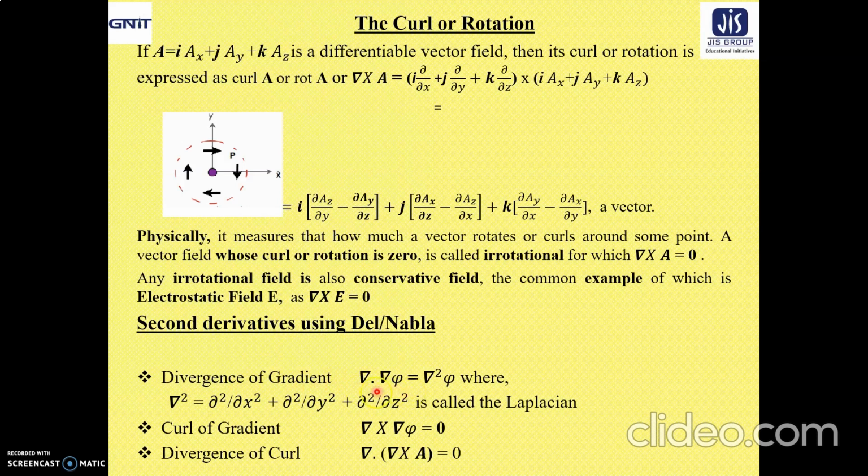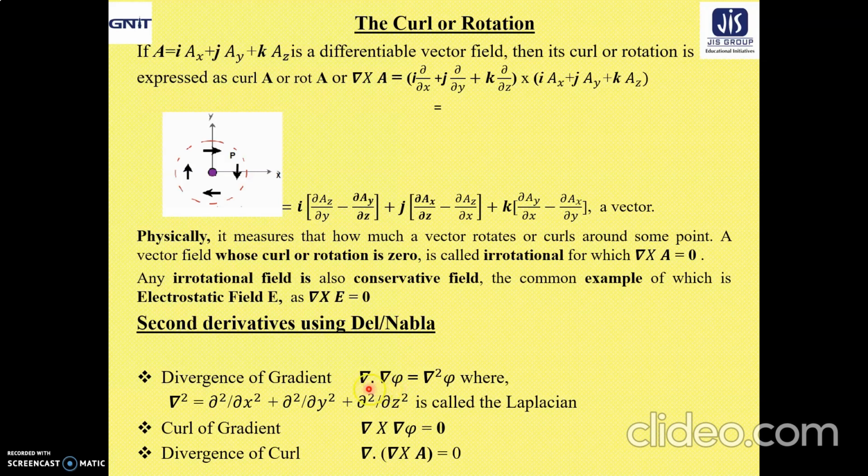Del dot del phi. This is divergence, meaning a dot product is coming, del dot something is divergence, already we have seen it. And what about gradient? Grad phi. So del dot del phi will give us ultimately del square phi, because del means i cap del del x plus j cap del del y plus k cap del del z, dot grad phi. Grad phi we already have: i cap del phi del x plus j cap del phi del y plus k cap del phi del z.